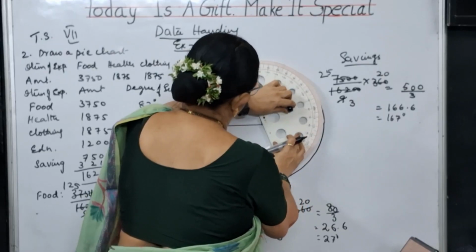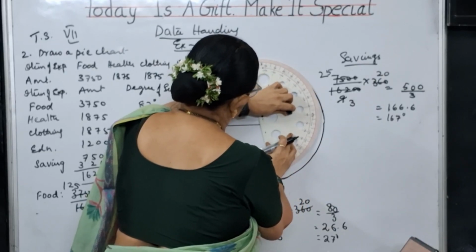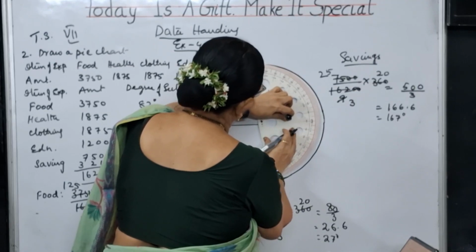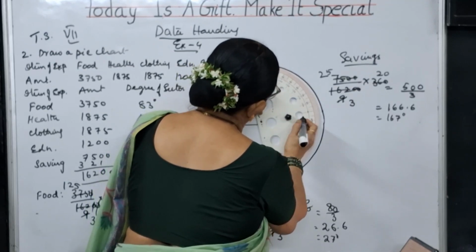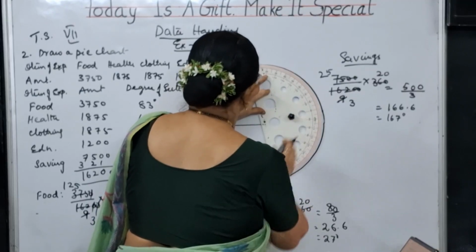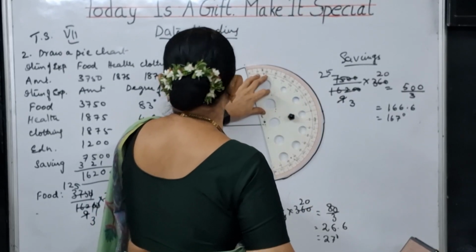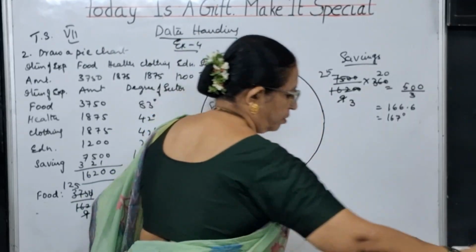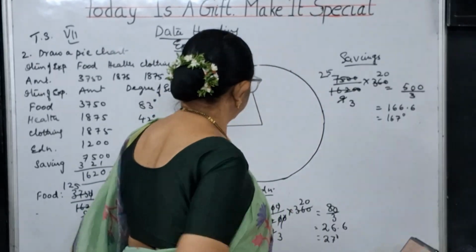This is 90. It should be like this. How much is it? It is 42 degrees here.